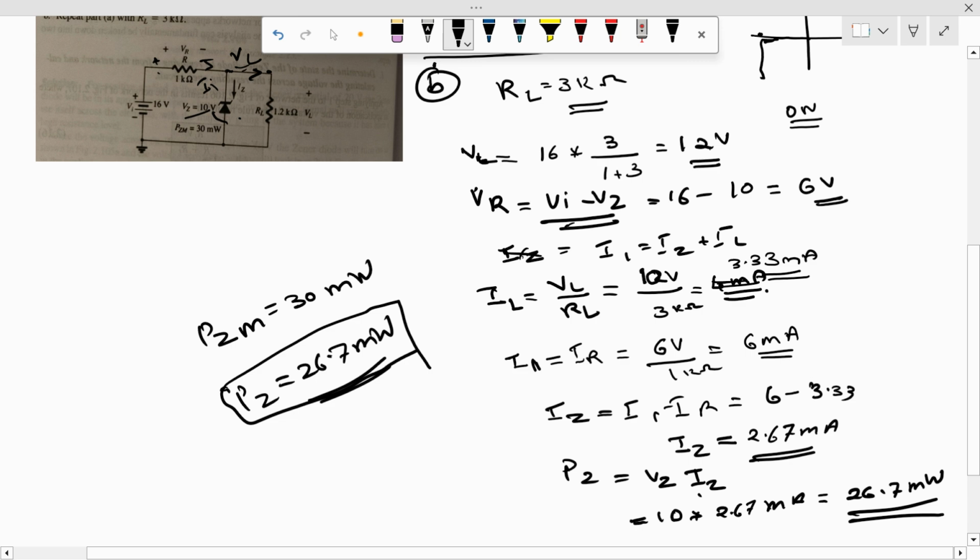Then definitely the Zener diode will act as a regulator. Then replace the Zener diode there. Then definitely VL should be the Zener voltage. Zener voltage is 10 volt. Then we will proceed by just applying the basic rules of circuit analysis, right? So that's how we complete the solution.